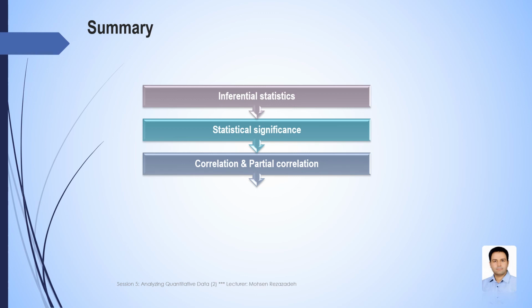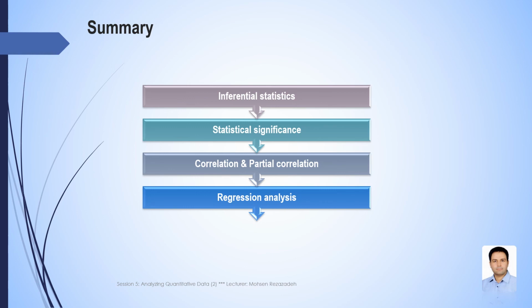One of them is the simple correlation, which can be correlation coefficient or Pearson correlation coefficient, or the non-parametric equivalent, which is Spearman correlation coefficient. The other type of correlation was partial correlation.